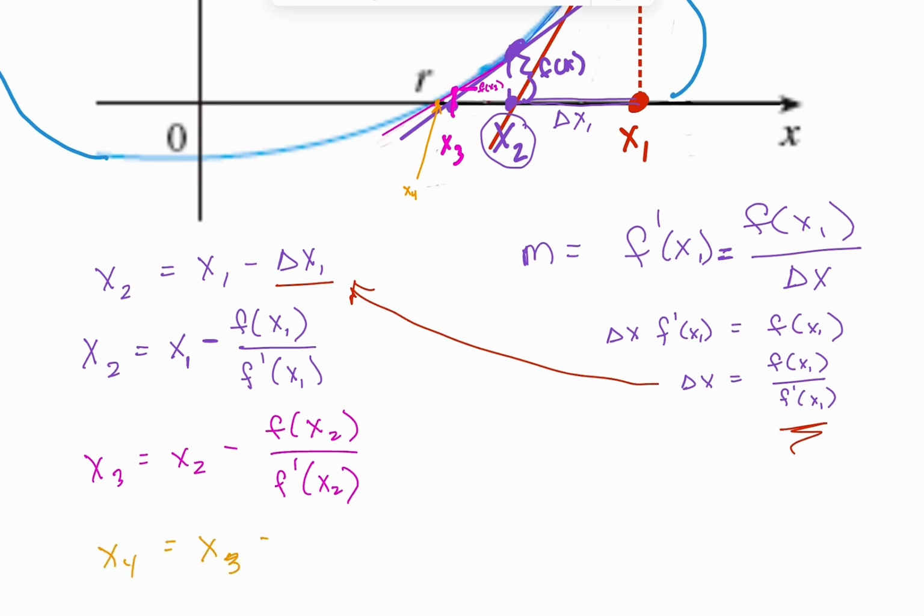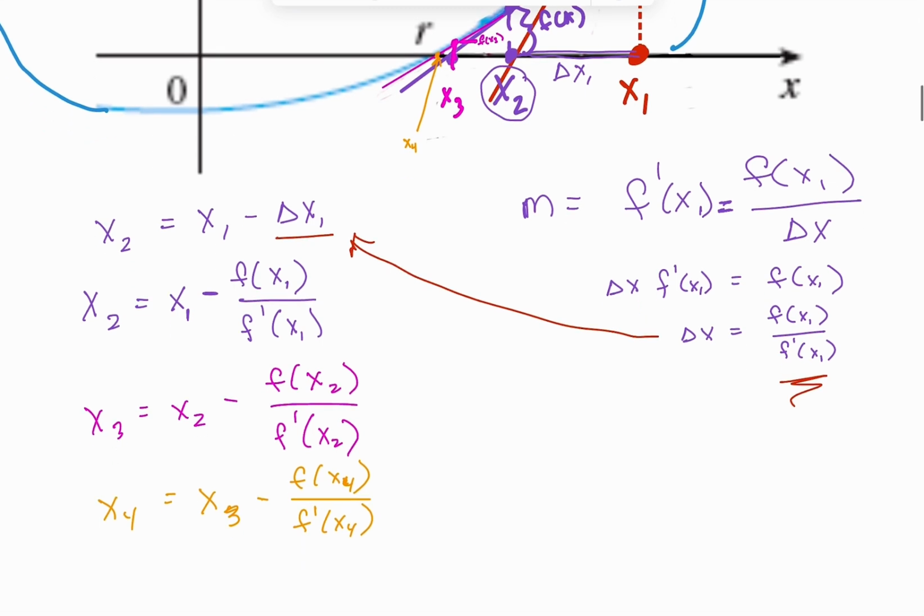Taking the previous value, evaluating the function at it, and evaluating the derivative at that point. So I can generalize this. I can do this as many times as I want.